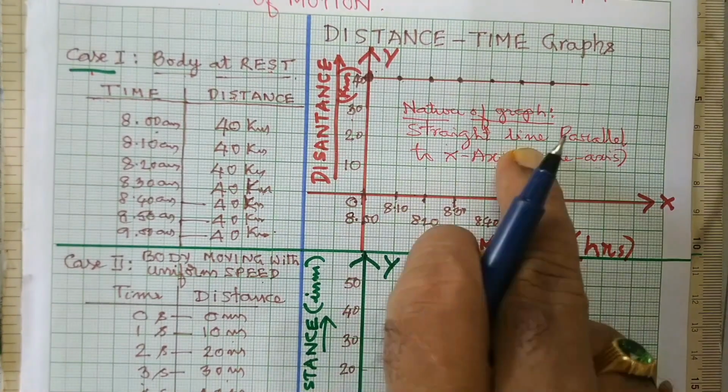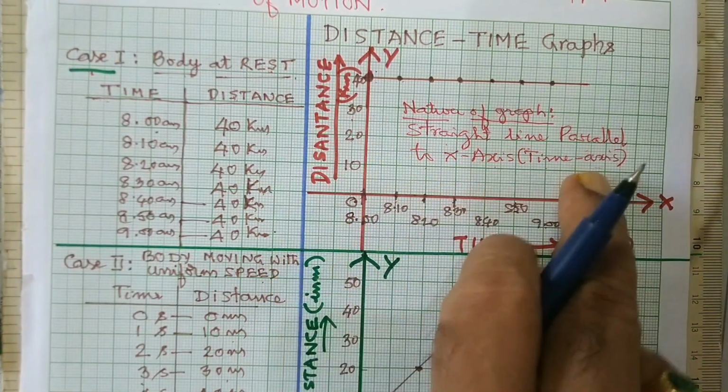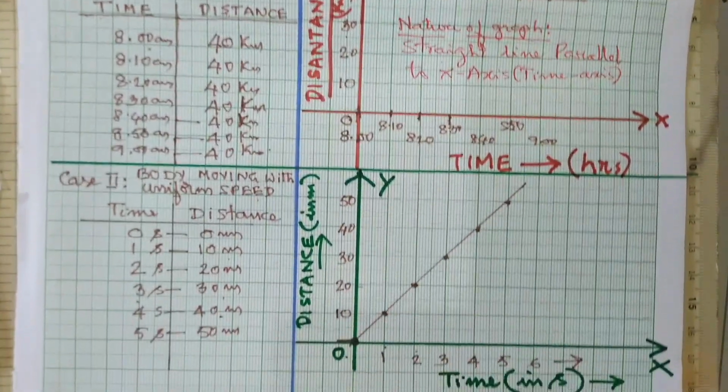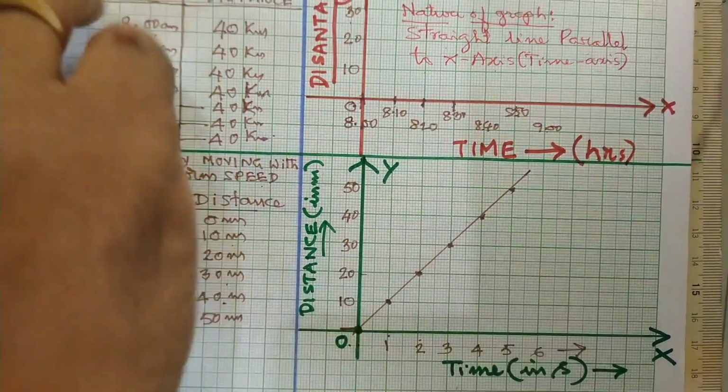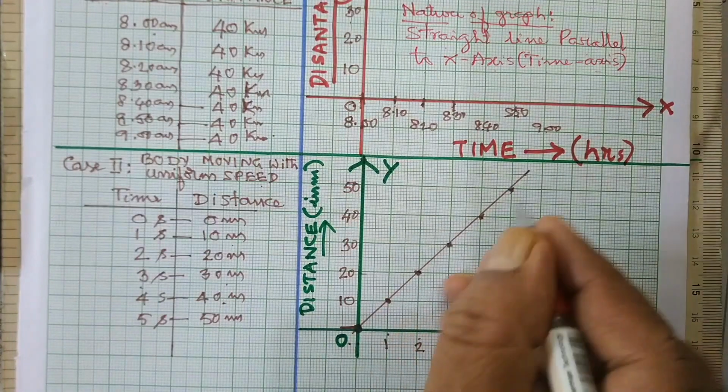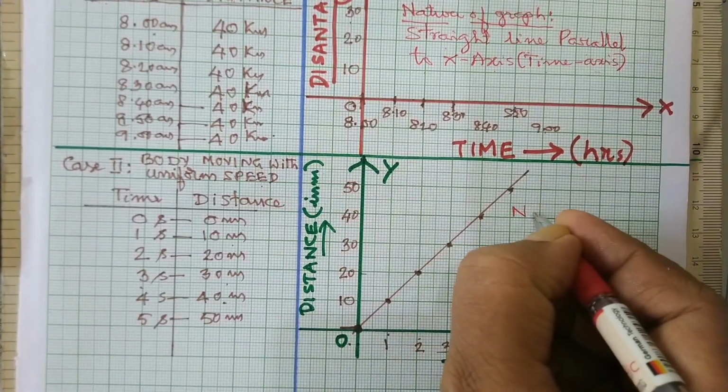Here, you are getting the nature of the graph, a straight line parallel to x-axis. Here also a straight line, but this is not parallel to x-axis, but it is making some angle.